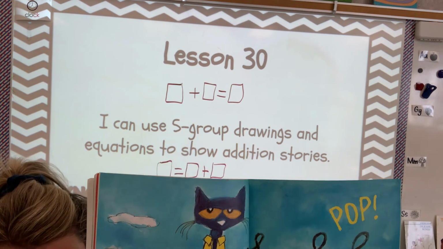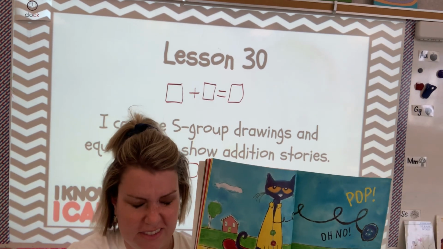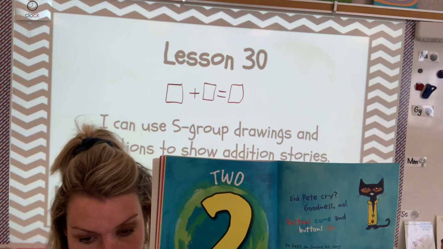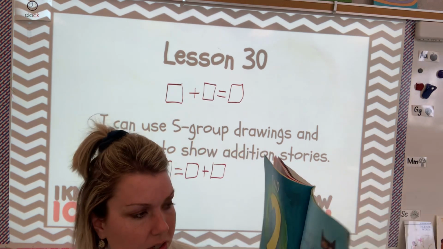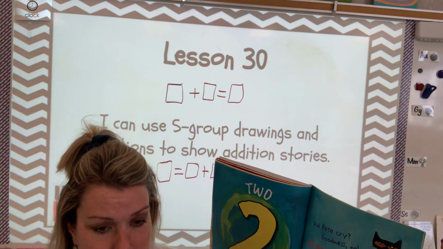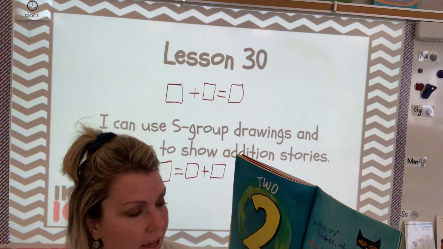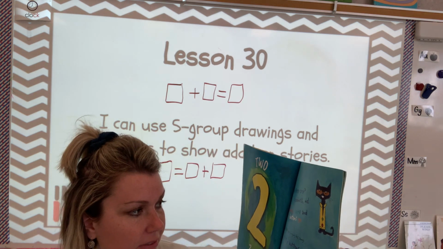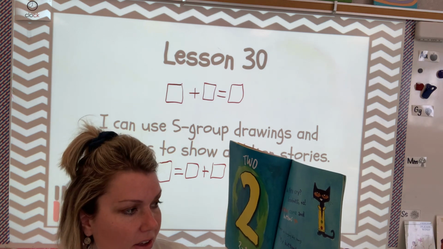How many buttons are left? 2. 3 minus 1 equals 2. Did Pete cry? Goodness, no. Buttons come and buttons go. He just kept on singing his song.